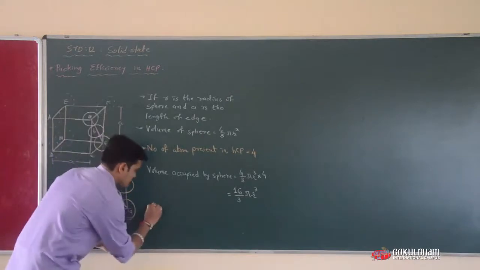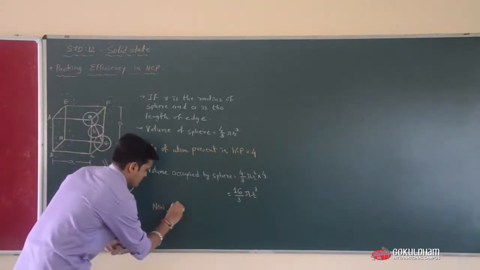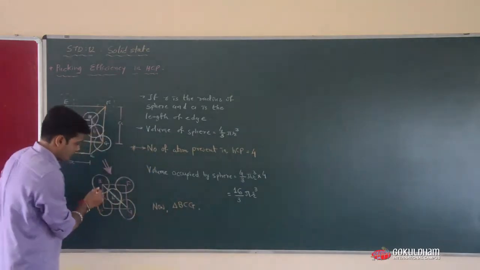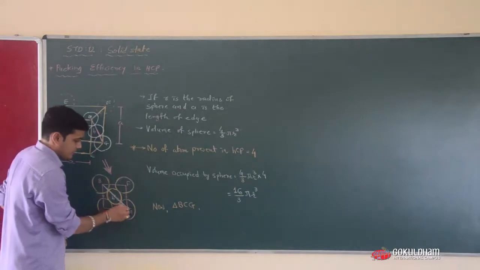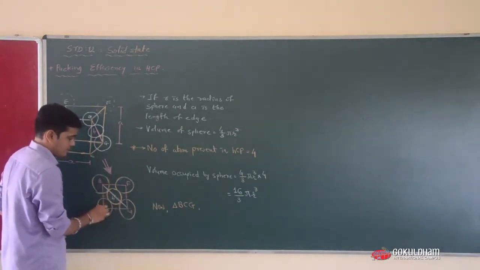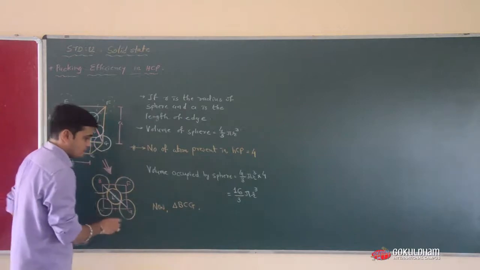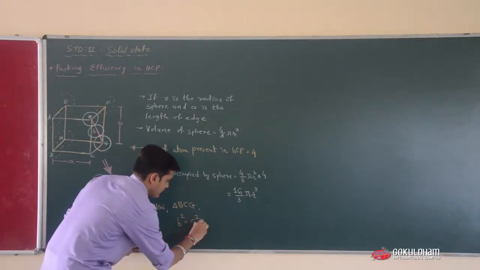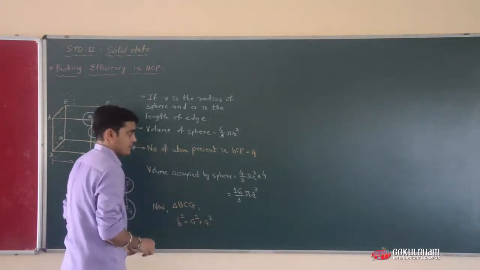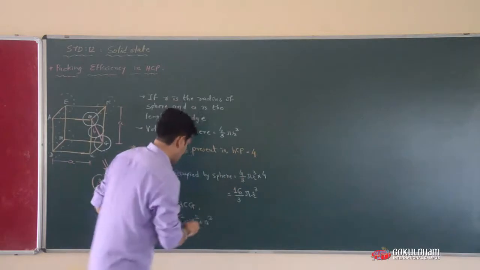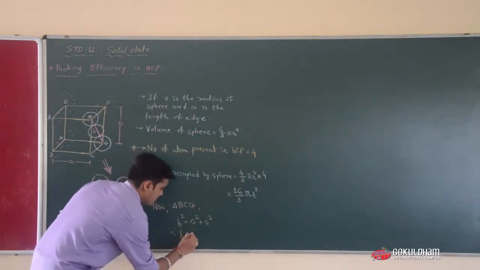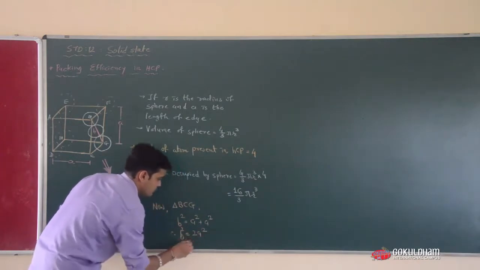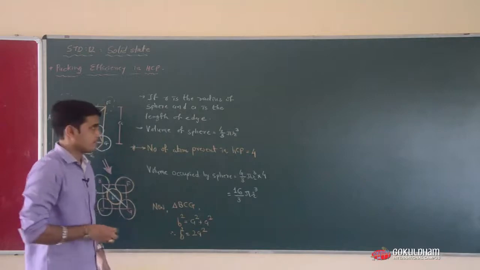Now in triangle BCG, this B square is equal to a square plus a square. So we can write here B square is equal to a square plus a square. Therefore B square is equal to 2a square.